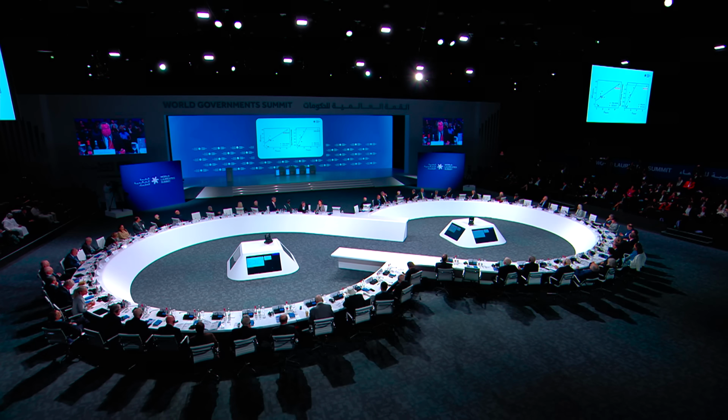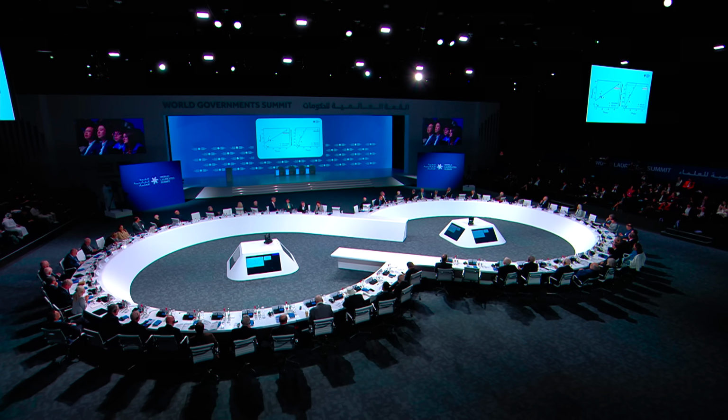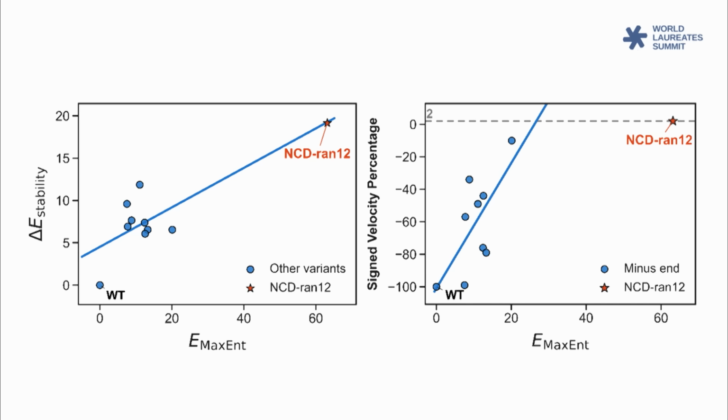So by physical simulation, we were able to understand why this is happening. And then we just played a little with AI, with maximum entropy, and we found that there is a nice correlation, not really good enough, but a nice correlation between the maximum entropy prediction and the directionality.